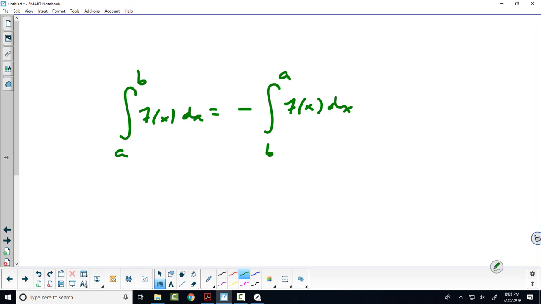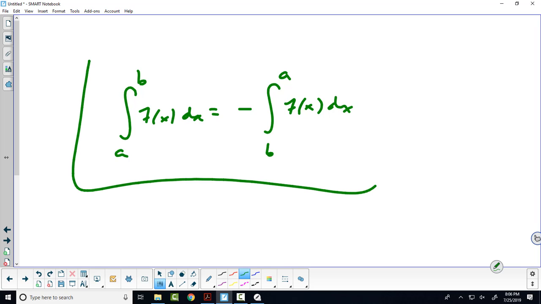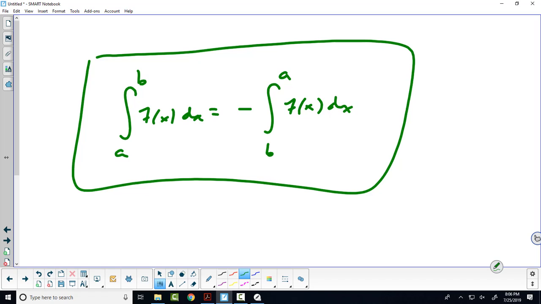Because now all your delta x's go in the opposite direction. You start at the right-hand side moving left, so all of your delta x's will have a negative value for them. All those negatives could factor out, and we get this. Okay? So here is a handy fact. Okay? So let's put that into play.